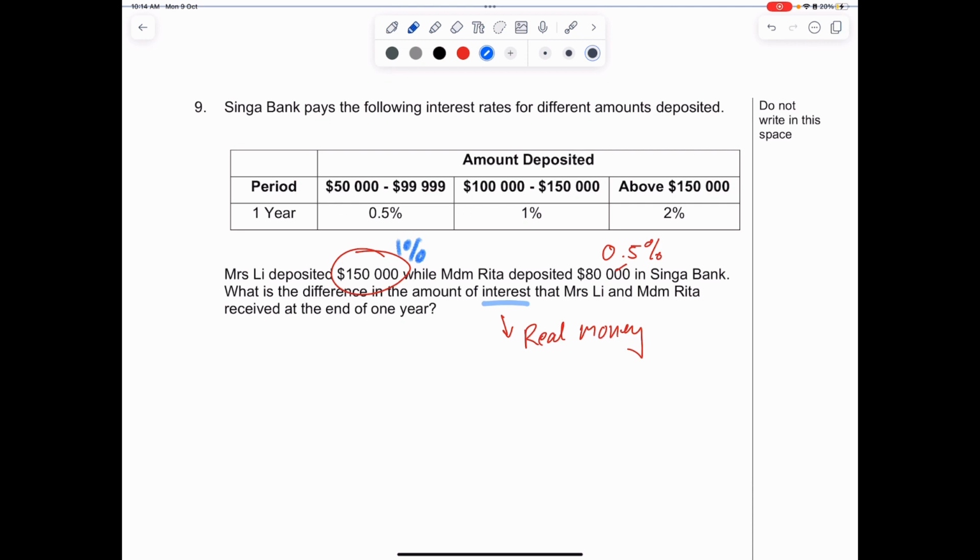So remember this right hand, left hand rule. So I want to know what did Mrs. Lee earn. So remember, I always say the right hand side is easier.